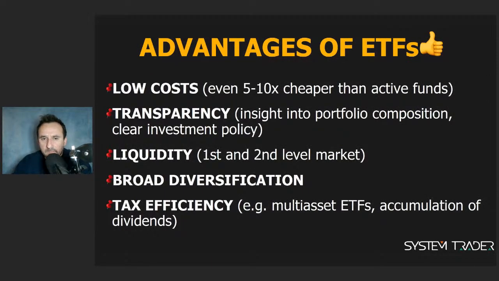So, some advantages of ETFs. Let's make some conclusions out of what I already said. First, low costs, and it may be really a great difference if you compare it to active strategies and mutual funds, because a mutual fund can charge you 1-2% depending on the country, or even more than 2%.